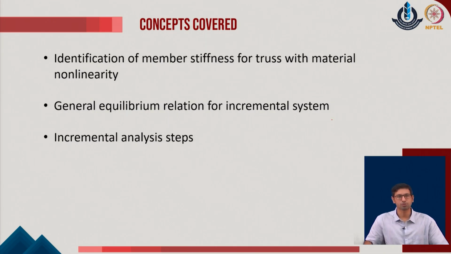So, this is the content which we will try to cover in this session. We will identify the general member stiffness, we will come up with the equilibrium relations for the incremental analysis, and then we will see the specific incremental steps which we typically follow in the analysis, looking specifically at the errors which we need to correct in each step by doing a number of iterations.